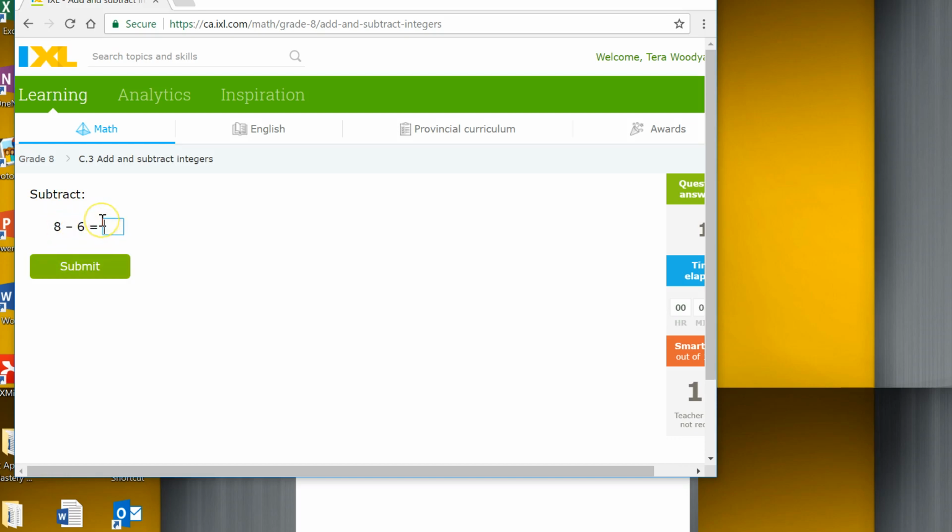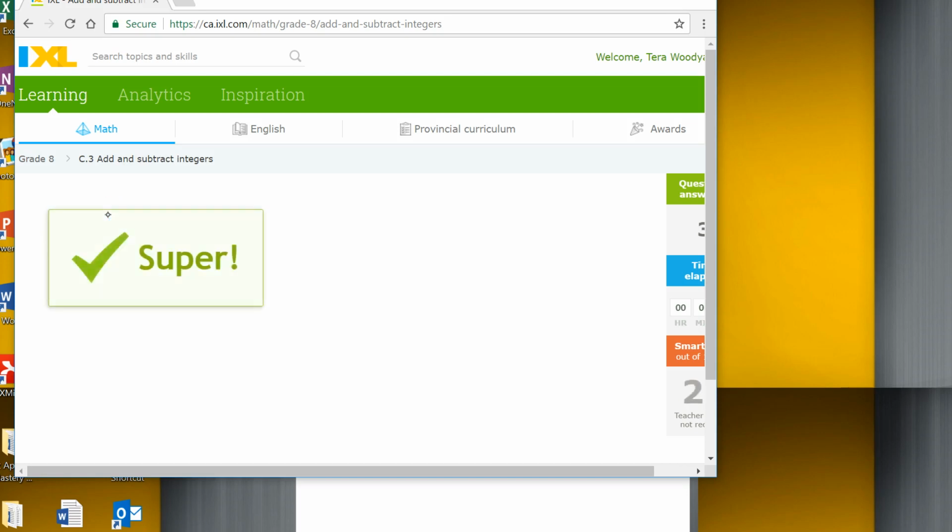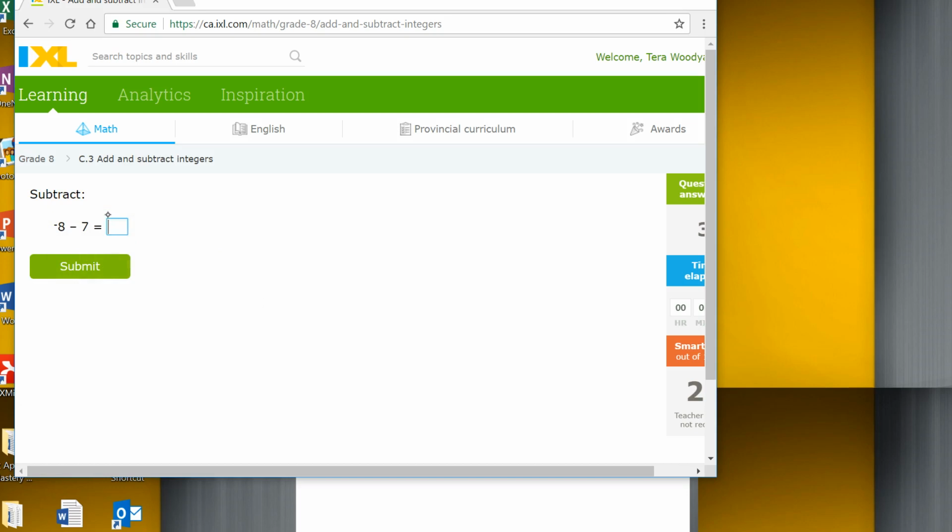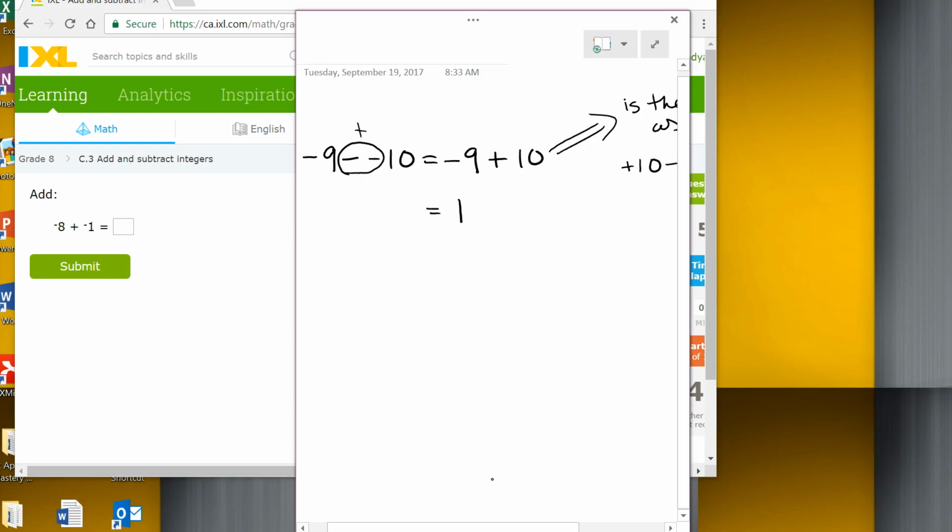Now this one's easy. 8 minus 6 is going to be 2. Negative 7 plus 9 is going to also be 2. Negative 8 minus 7 is going to be negative 15. 8 plus 4, that's a simple one, 12. Now here's another one that I want us to write down again.